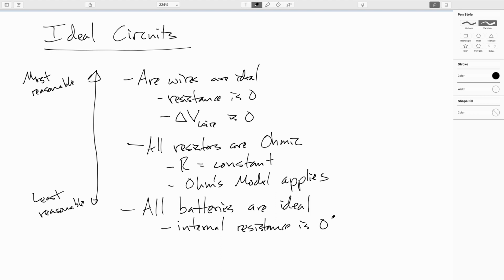And because you can model it so accurately, it's okay to model the battery as ideal. Then if you need to worry about the internal resistance, you just add on this virtual extra resistor and everything gets modeled just fine.